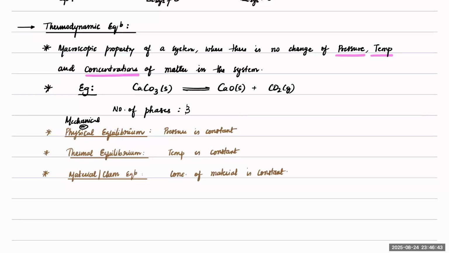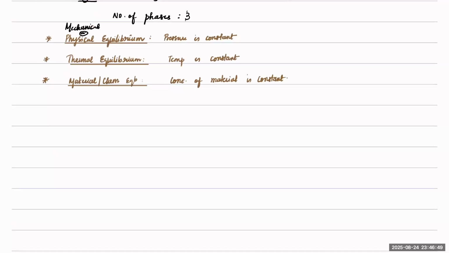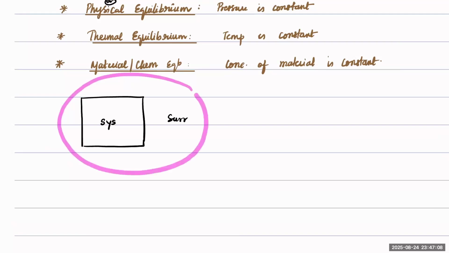Right now, whenever we talk about system, surrounding, and boundaries, let me remind that we started off with this ideology that there is always a system present, and outside we have surroundings, and this entire thing is a part of universe.